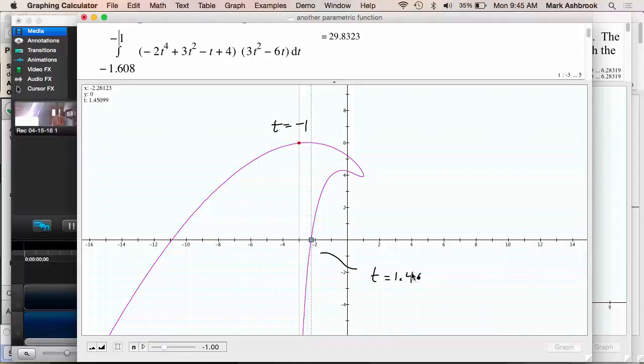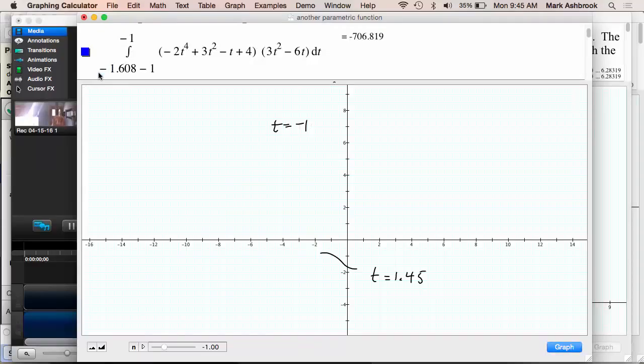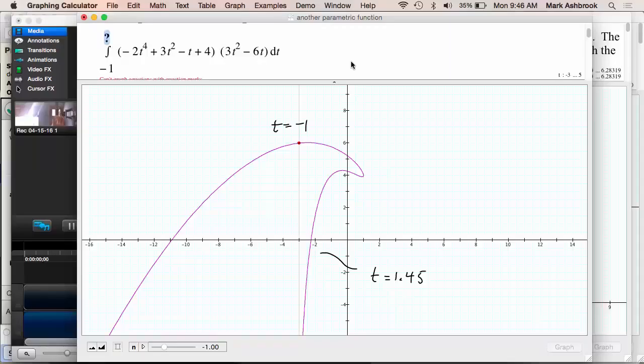So I want to do that's the same integral from -1 to, don't want to give it away though. So this is going to be 1.45. Okay. So if I integrate the same thing from -1 to 1.45, what in the world will that give us?